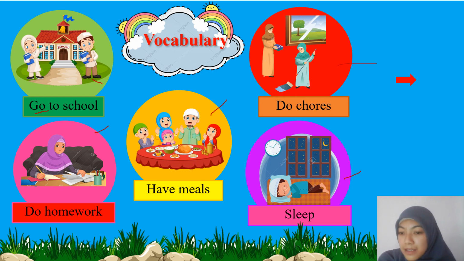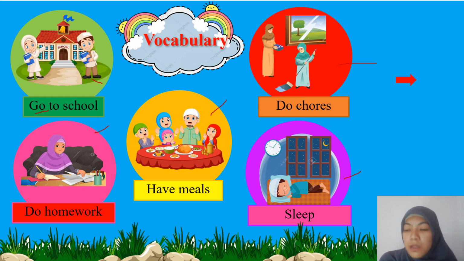Have meals, or you can say have breakfast in the morning, have lunch, or have dinner. And then do chores. And the last one, sleep. All these pictures and activities are called daily routine. These activities you always do, or you often do in one day in your life, that's called a routine, or day in, day out.